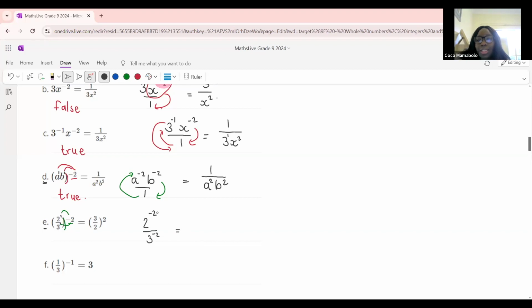Now, that one has a negative exponent and that one has a negative exponent. So I must flip them both. This one must go to the top and that one must come to the bottom. Just like that, right? So now I'm going to get 3 to the power of 2 at the top over 2 to the power of 2.